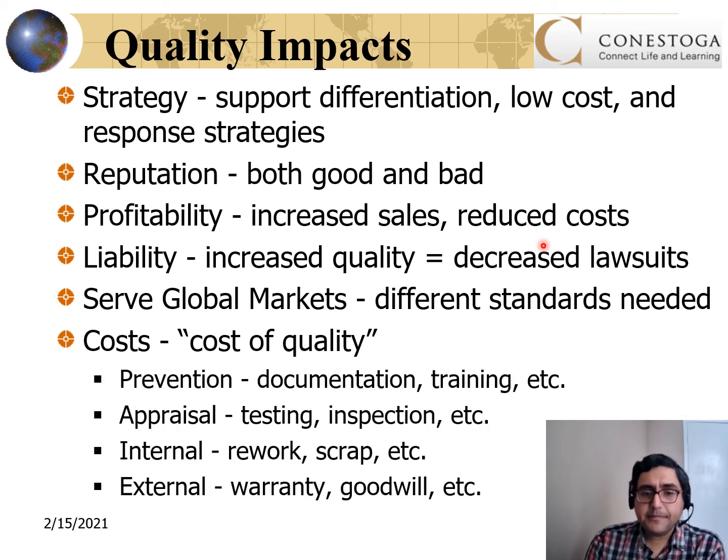So for example, we mentioned 4 different types of quality costs, which are very important for you to understand. The first is called a prevention cost. The second is called an appraisal cost. Third is an internal cost, and the fourth is an external cost. So prevention cost of quality basically refers to the necessary training you will be providing to your employees.